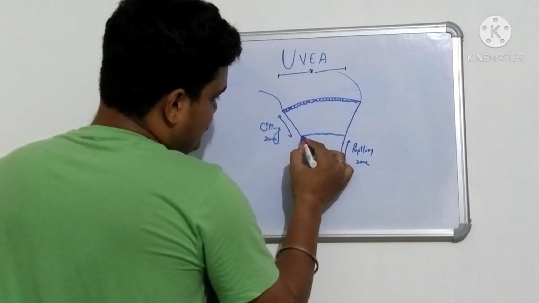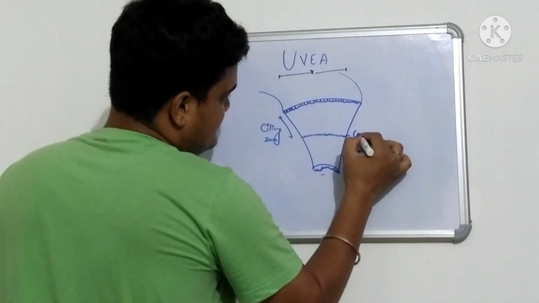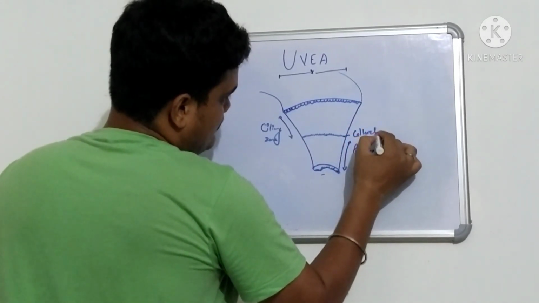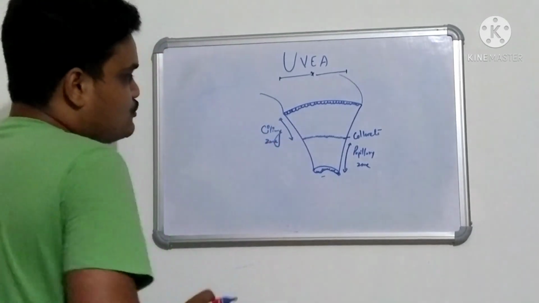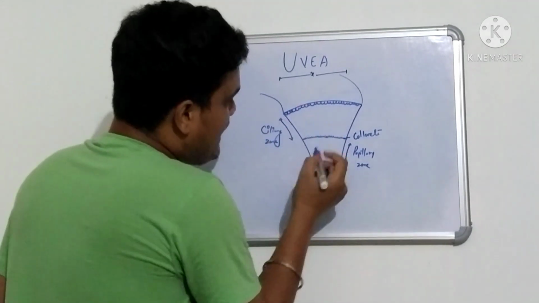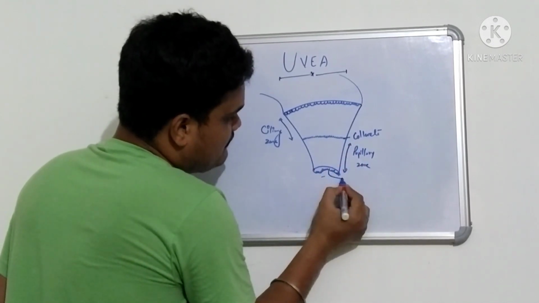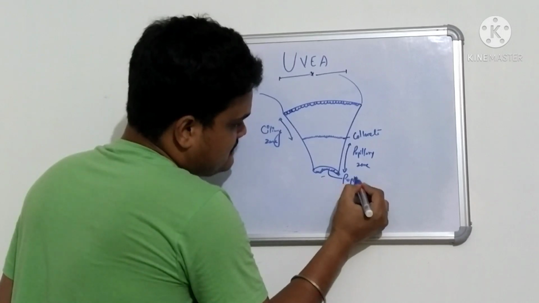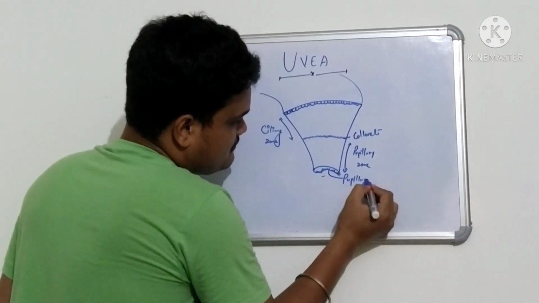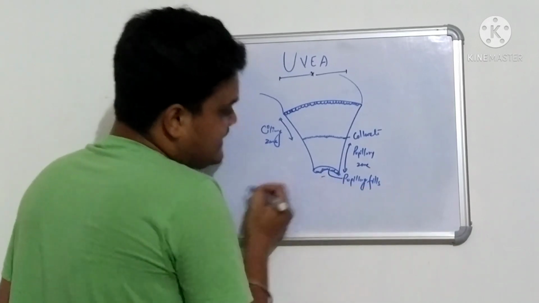The segment which divides the ciliary zone and the pupillary zone is known as the collarette. So the collarette distinguishes between the ciliary zone and the pupillary zone, and in between them there are boundary frills known as pupillary frills, present in the pupillary area.